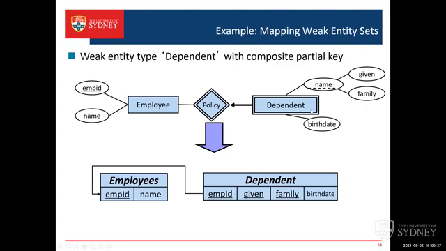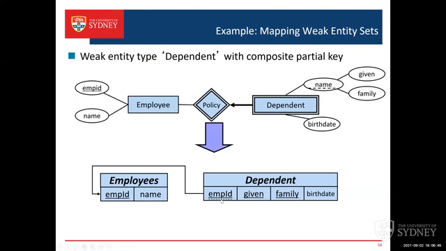Here the dependent table is a weak entity set, and this is the weak relationship that we have. In that case, how do we create the primary key? We simply take the primary key of the parent table and also the discriminator from this weak entity set.